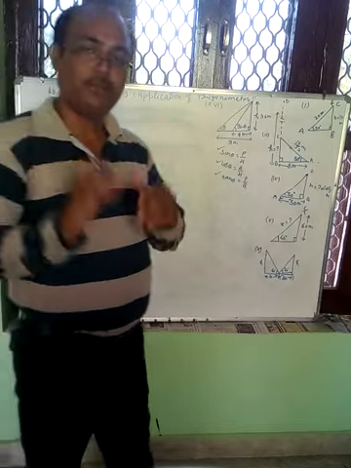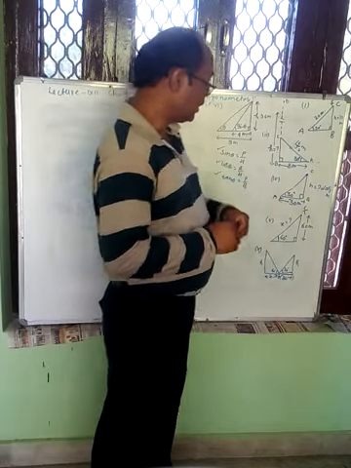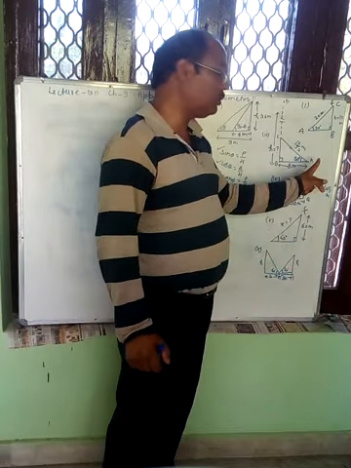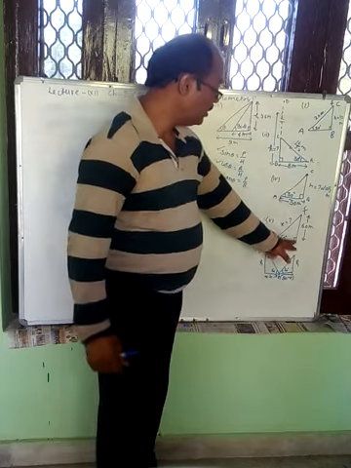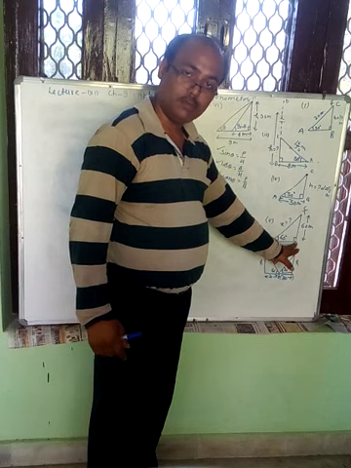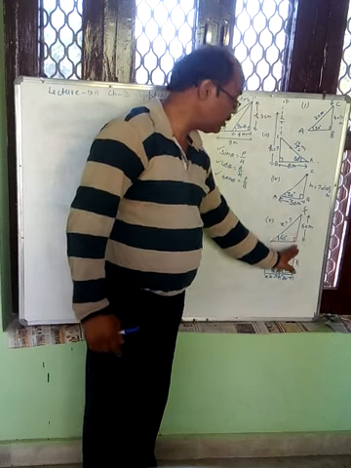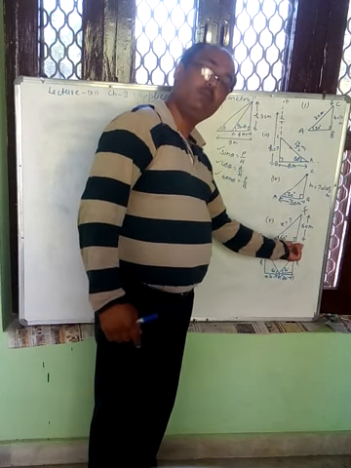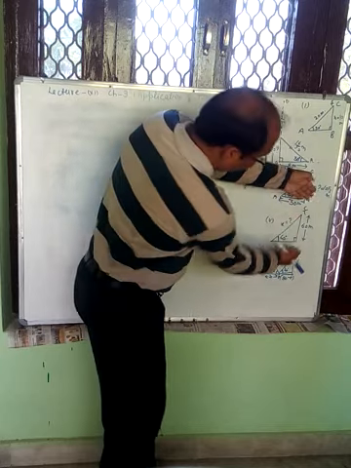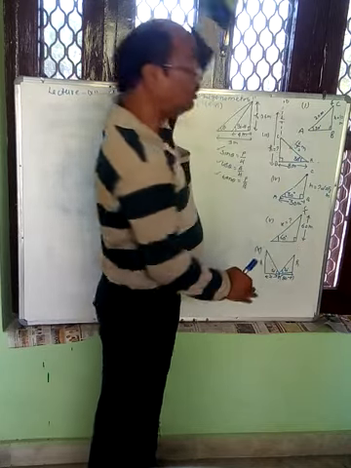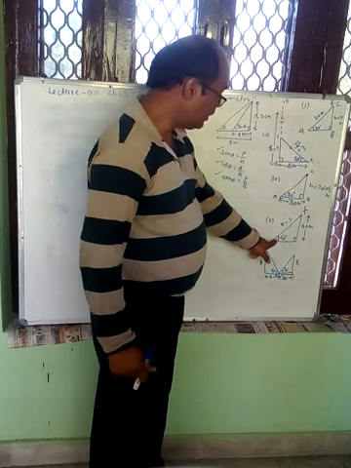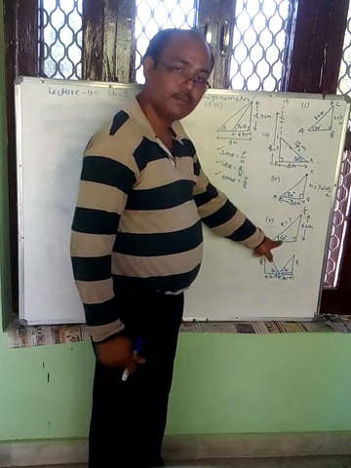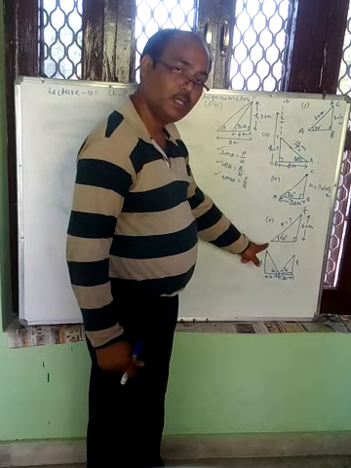A kite is flying at a height of 60 meter above the ground. This height is 60 meter above the ground level, and the angle of elevation is 60 degrees from the ground.